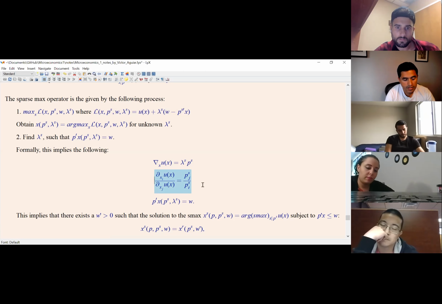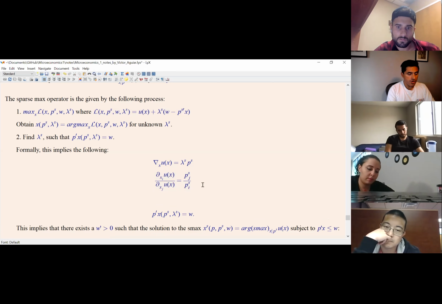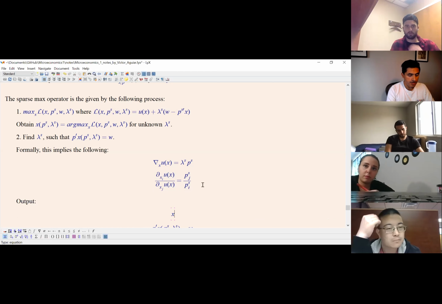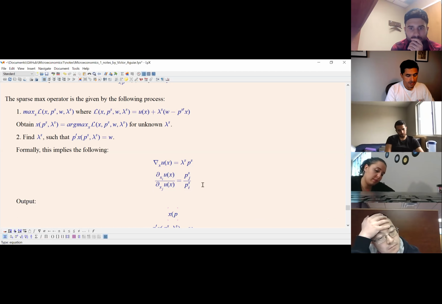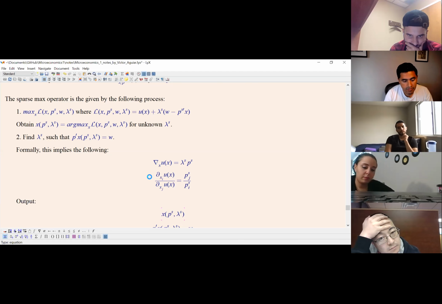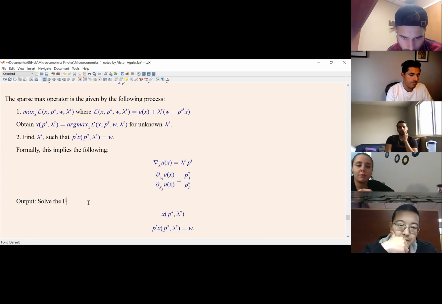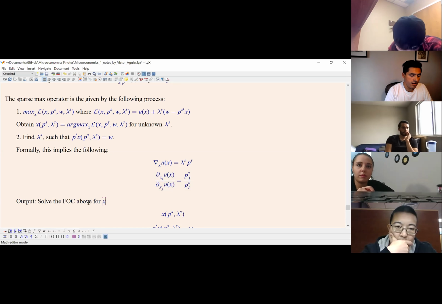So if you solve these equations, you're going to obtain as an output of this step a function x that depends on p^s and lambda^s, right? So pretty much this is a system of equations, right? And solve for x, okay? So solve the first order conditions above for x.